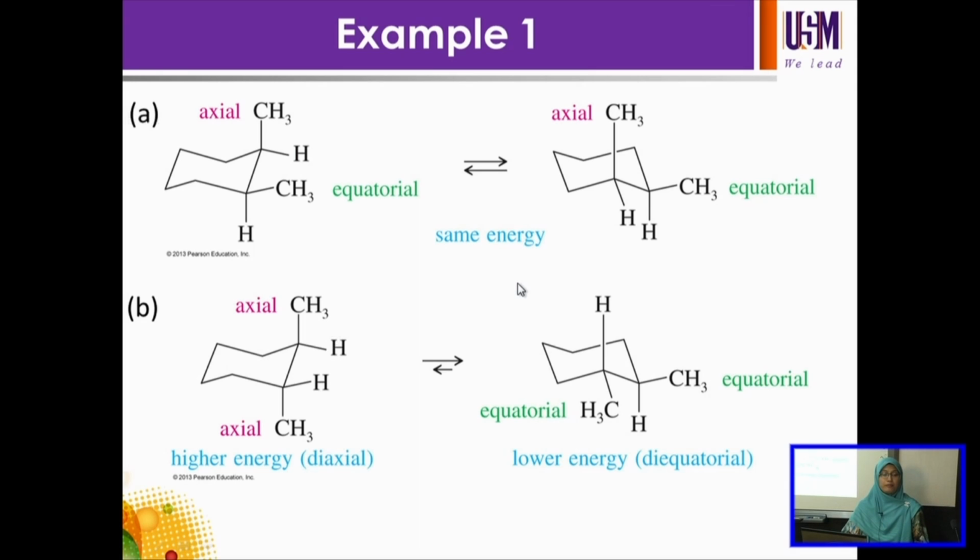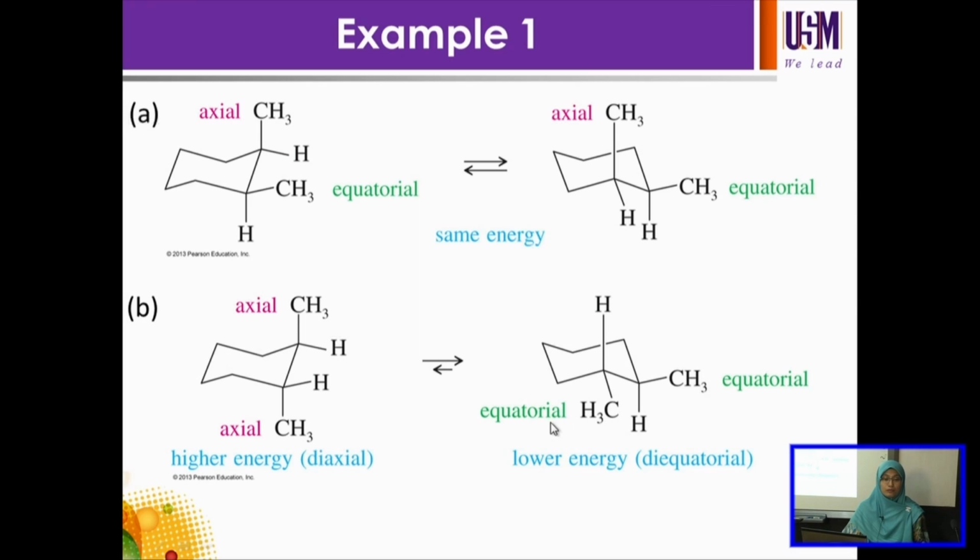Okay, for B, which is the trans isomer, we would have one conformation with both of the methyl groups in axial position, and when it flips, we have both of the methyl groups in equatorial position. So this is diaxial, so we will have a higher energy because there is a 1,3 diaxial interaction.